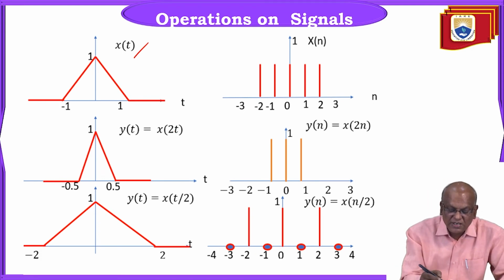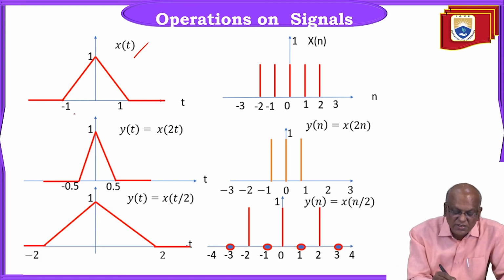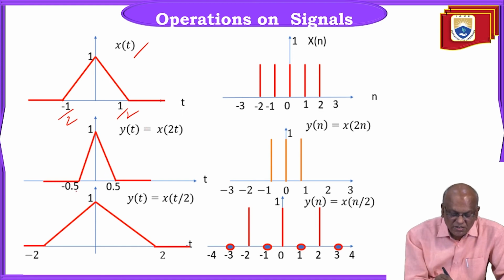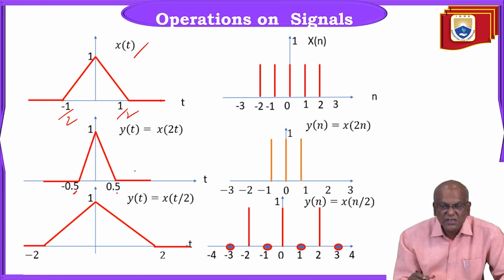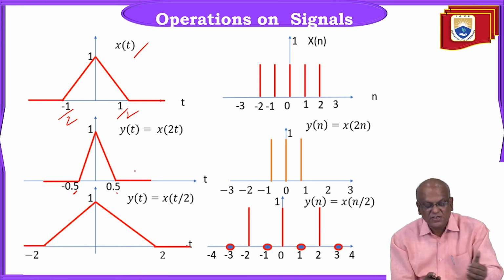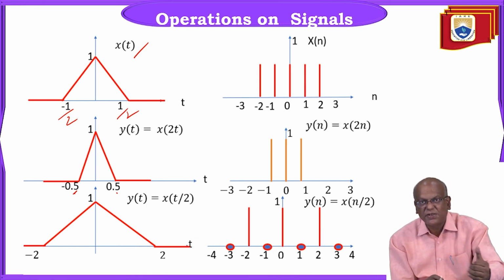The time base is divided by 2, because a equals 2, so 1 by a is 1 by 2. Minus 1 by 2 and plus 1 by 2 become minus 0.5 and plus 0.5. That is why the signal y of t is a compressed version of x of t.